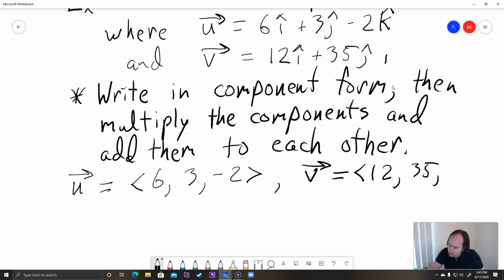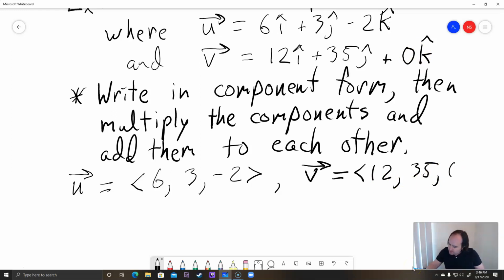If you wanted to, you could even write a plus 0k over here. Some people like to do that to remind themselves that it's still there. But for this component form, because u is a three-dimensional vector, v also has to be a three-dimensional vector. So if they don't write a component like that, it's 0. So v should actually be 12, comma 35, comma 0.